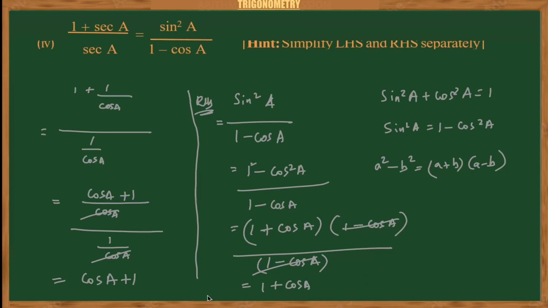So this is similar to 1 plus cos A. So the left hand side is equal to the right hand side, hence proved. Hope this is clear, students.